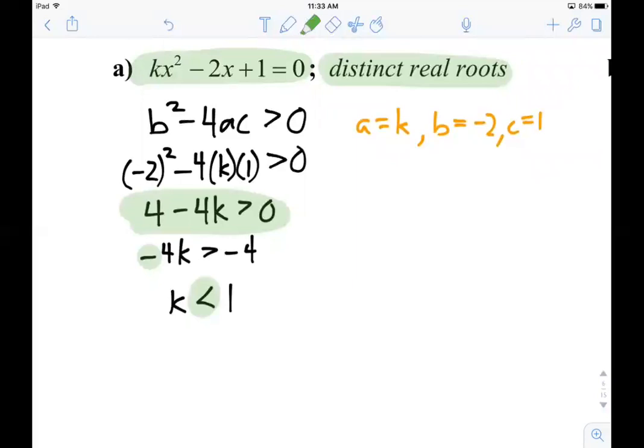That's what we found. And so that k we sometimes call a parameter value, some specific value that completes an equation that could take on different possible values depending on what type of equation we're trying to build. So now we know we can always build an equation with two distinct real roots as long as this k value in this case stays less than 1.